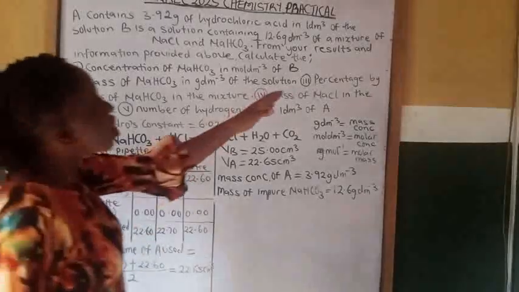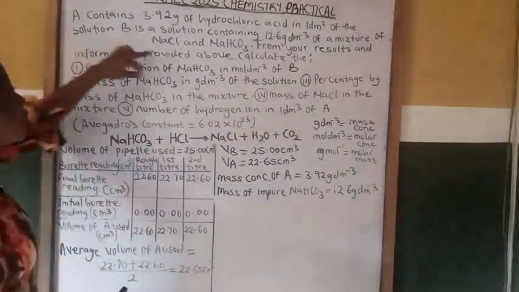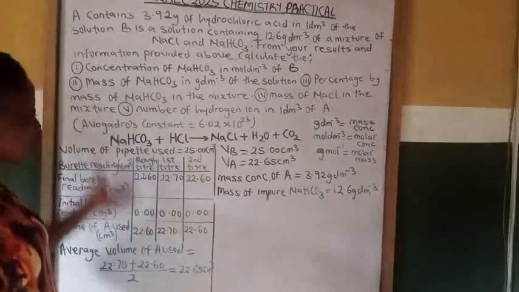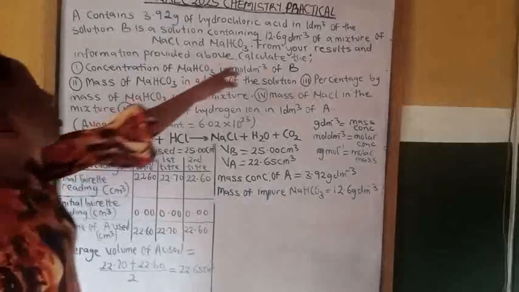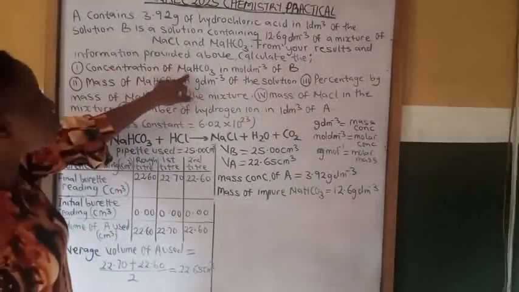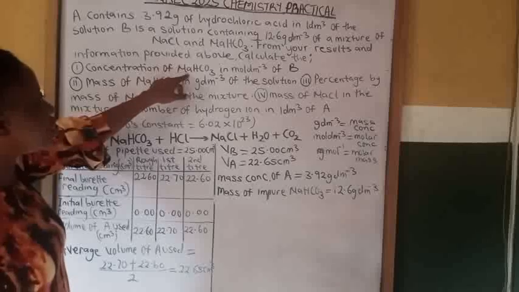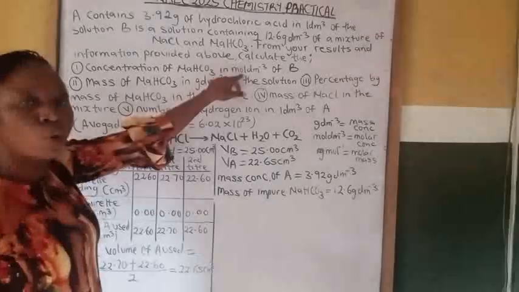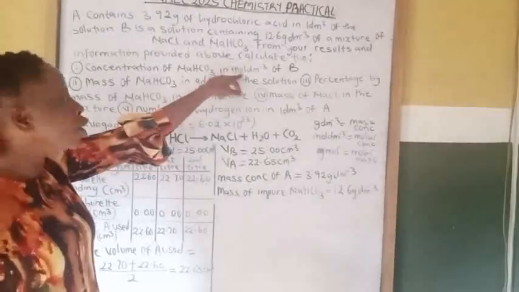Now, from your results and information provided above from the titration, which is your table, calculate the concentration of base. Our base is NaHCO3, in mole per dm cube. Anything in mole per dm cube is my molar concentration.